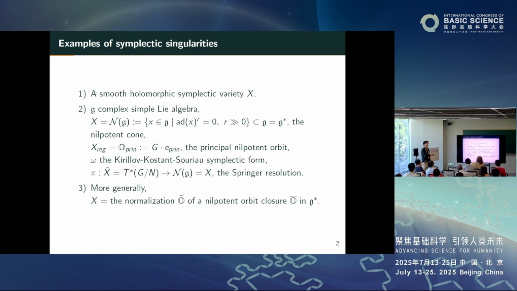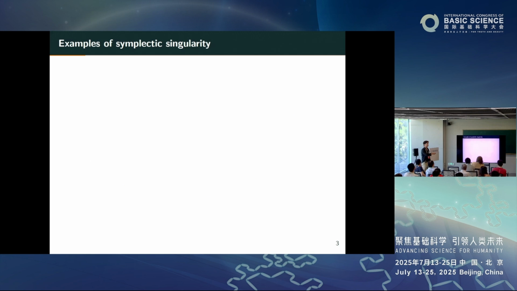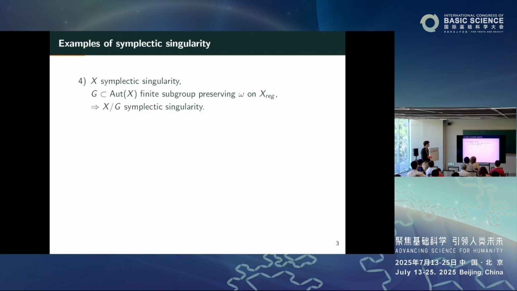The definition looks maybe too abstract, but there's an easy way to construct symplectic singularities. If you can find a finite subgroup in the automorphisms which preserves the symplectic two form, then its orbifold automatically becomes a symplectic singularity.